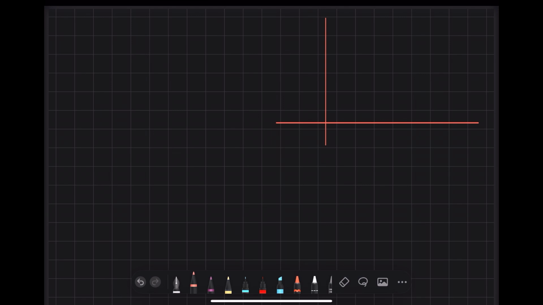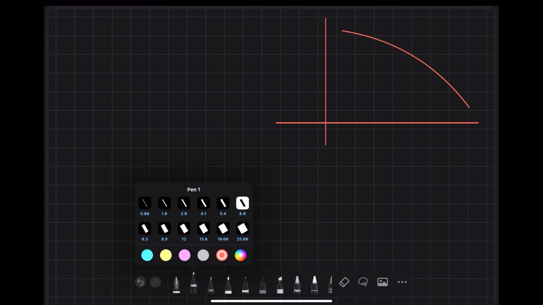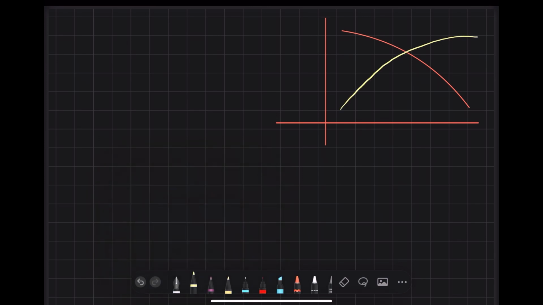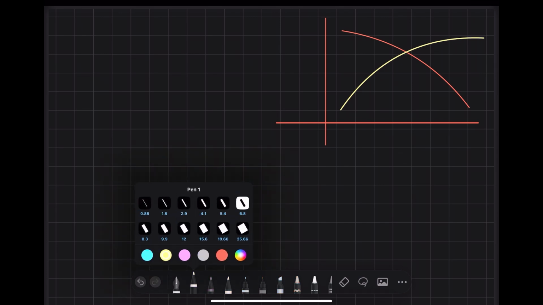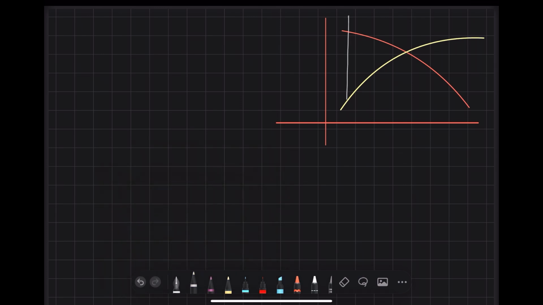Suppose we have this situation. This is one of the curves, this is another curve. Now we have to calculate the area in the region from this to this. So in this case, how will you respond?